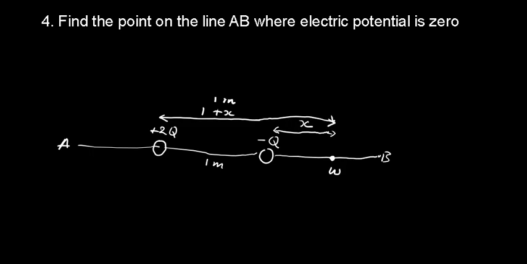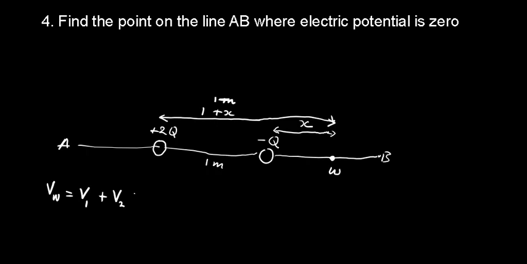Now let's also look at that. The potential at W equals potential at 1 plus potential at 2, which is equal to 0.